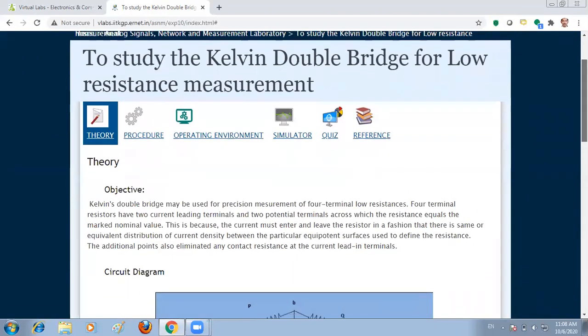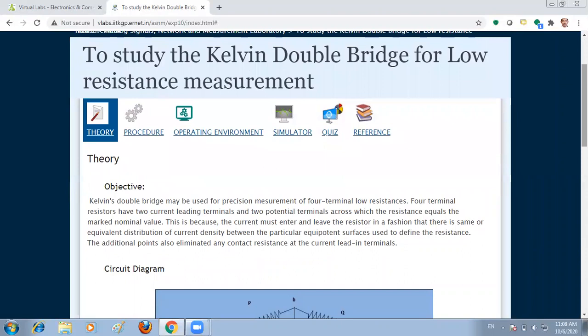Here the objective is: Kelvin's double bridge may be used for precision measurement of 4-terminal low resistances. 4-terminal resistors have 2 current leading terminals and 2 potential terminals across which the resistance equals the marked nominal value.